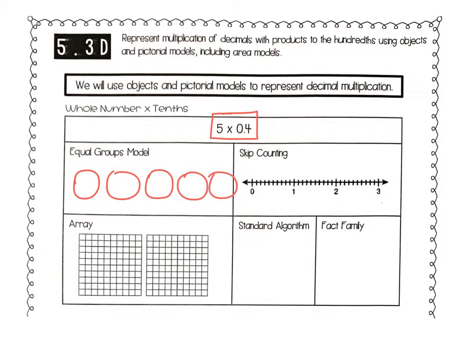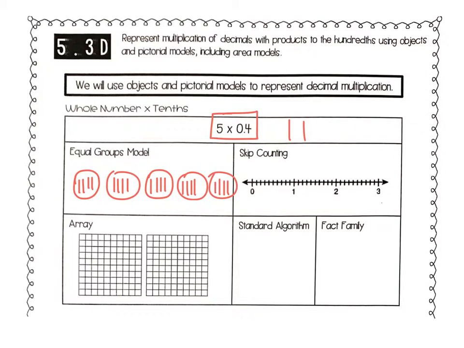In this case, I'm going to use a long, or a tens piece, that we use with our place value blocks, but these sticks are going to represent our tenths now. So here in our model, I'm going to put 4 tenths in each of 5 groups.